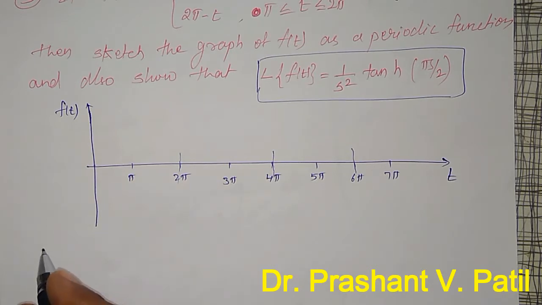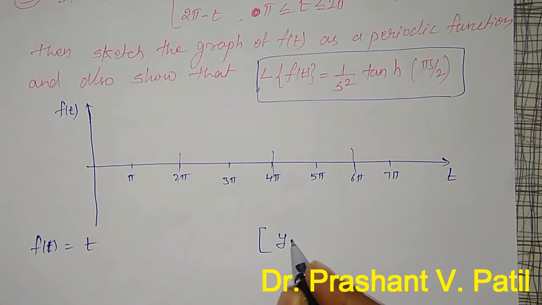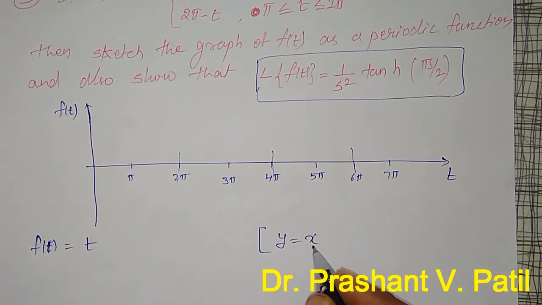First, for 0 to pi, the function is f of t equal to t. We know that y equal to x is a straight line passing through the origin and making 45 degrees.